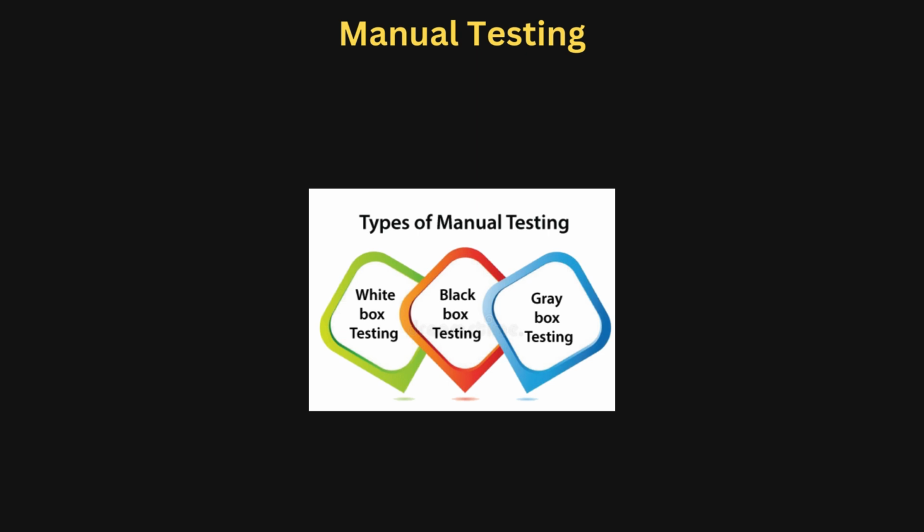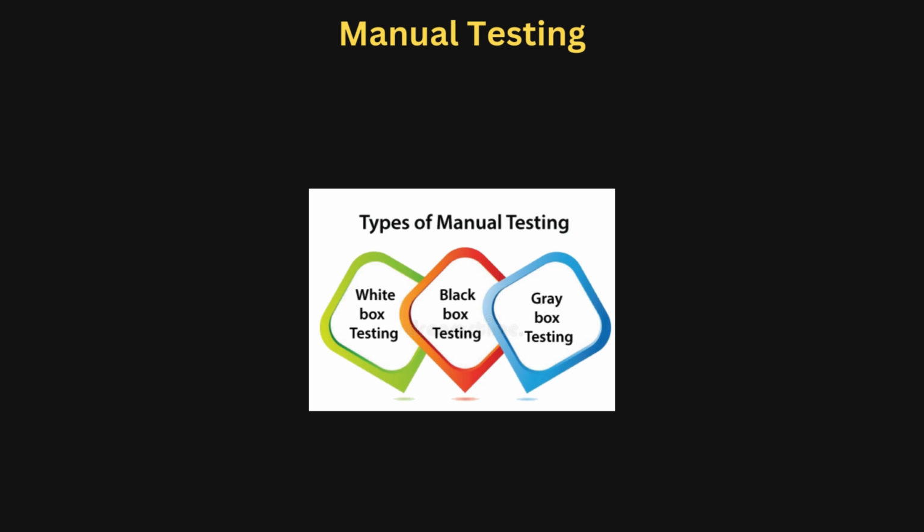They test internal structure like the code paths, the branches and the loops. Also, in exploratory testing, the tester explores the software without predefined test cases to discover issues based on their own understanding and experience.